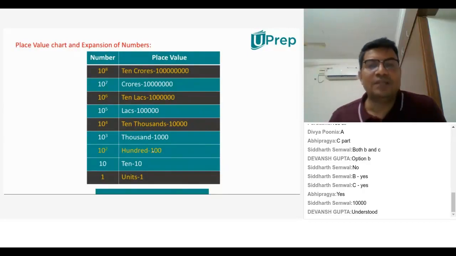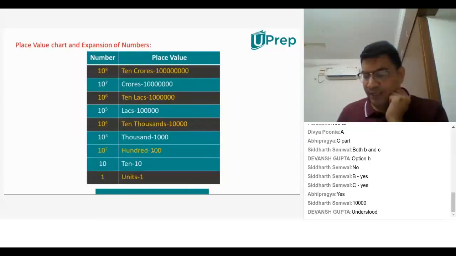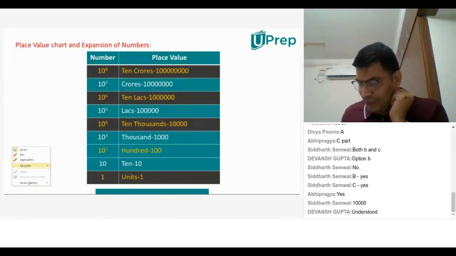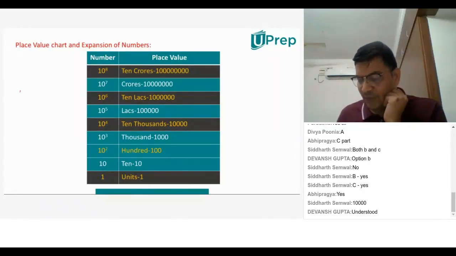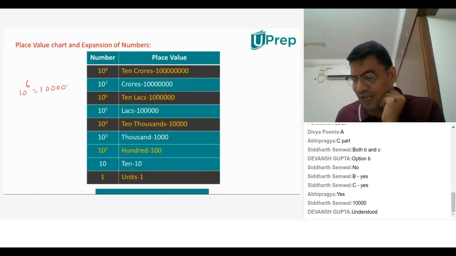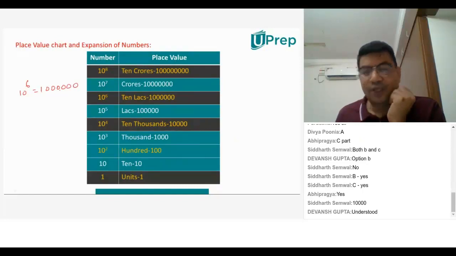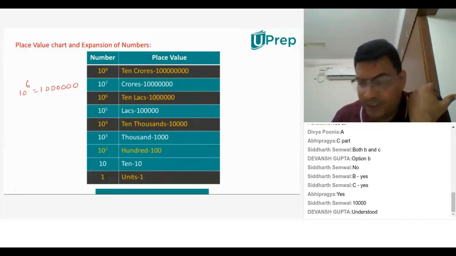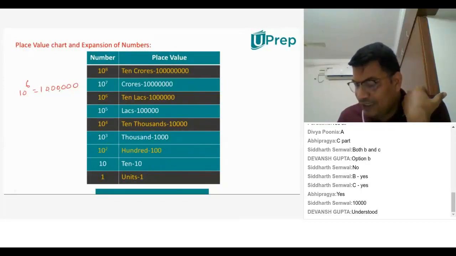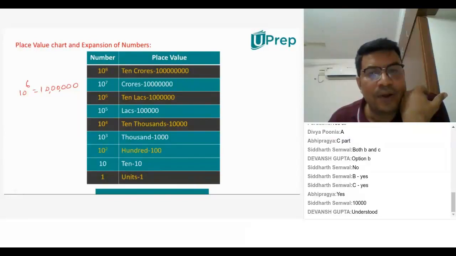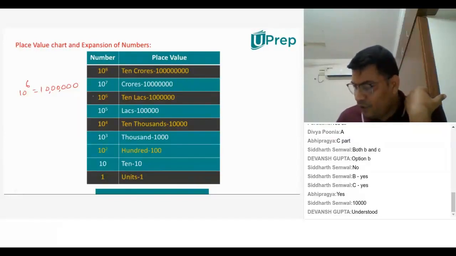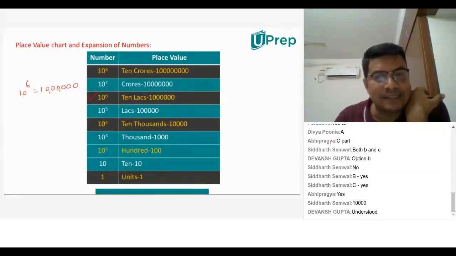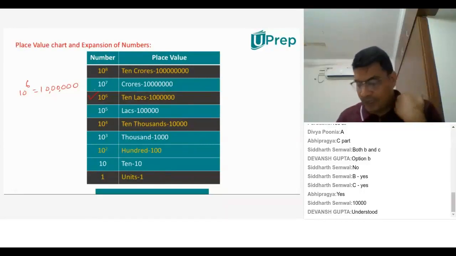Logically, if someone asks what 10 to the power of 6 is, it is nothing but 1 followed by 6 zeros: 1, 2, 3, 4, 5, 6 zeros. In today's class you will learn the Indian system of numbers, and you will see that this is nothing but 10 lakhs. Wonderful. Let's go further.